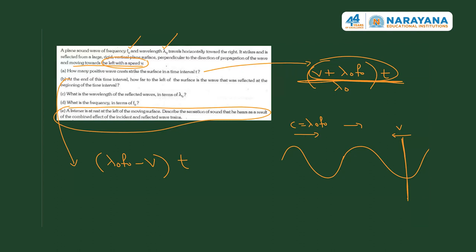Okay. C part, he says, what is the wavelength of the reflected waves in terms of lambda naught? Now there are two ways to look into it. We can write the apparent frequency which is reflected, and once we get the apparent frequency and speed, we know that will remain the same.